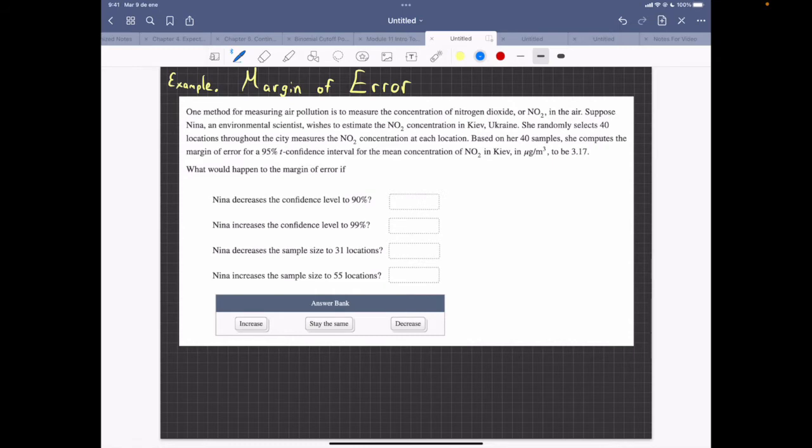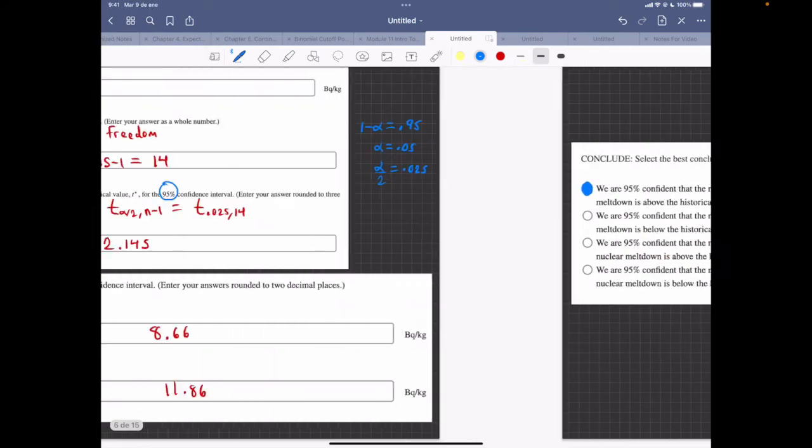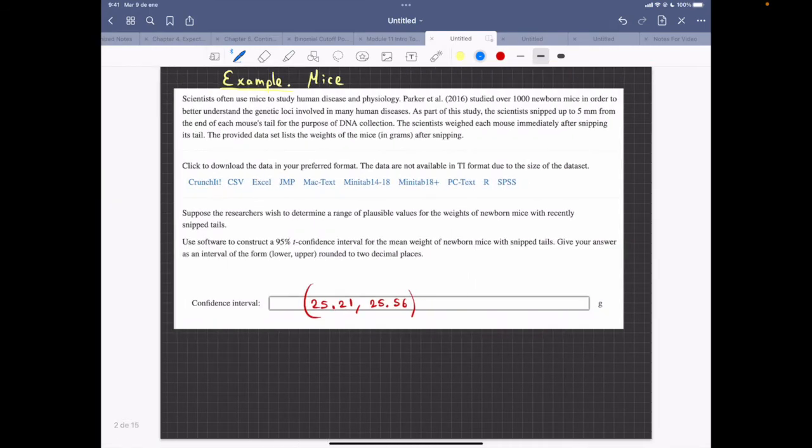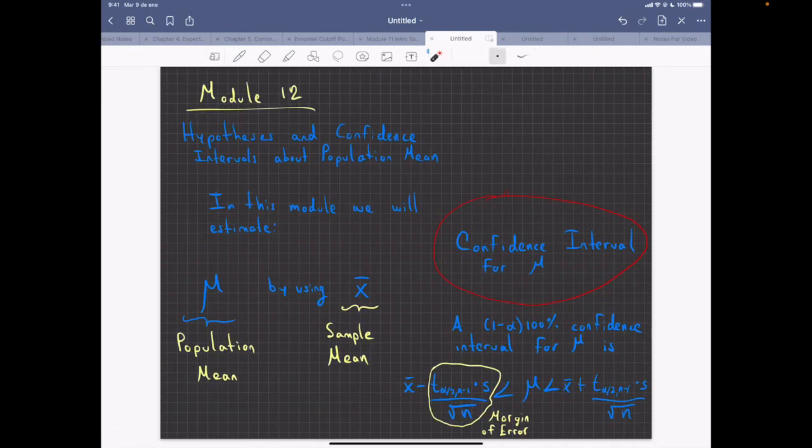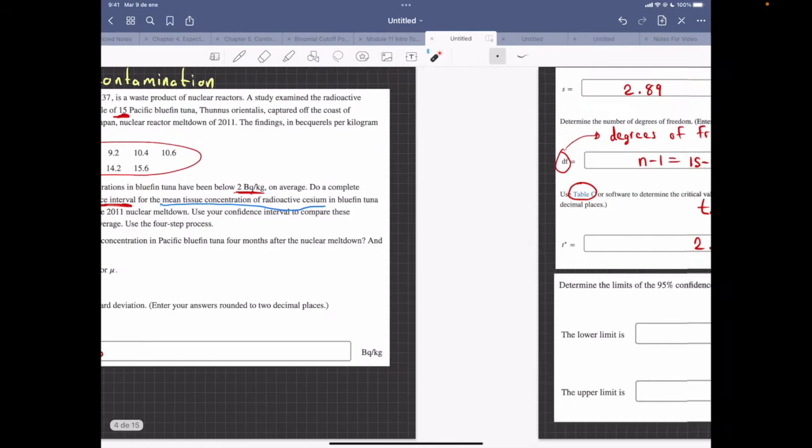Another example, margin of error. In this case, remember that I told you before, the margin of error is only this portion in the confidence interval. So I'm going to write it here.